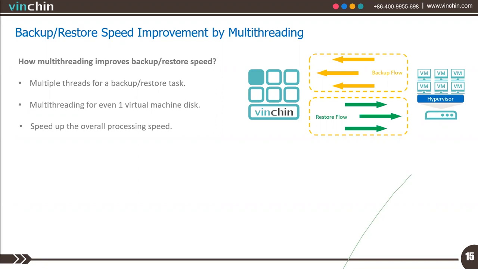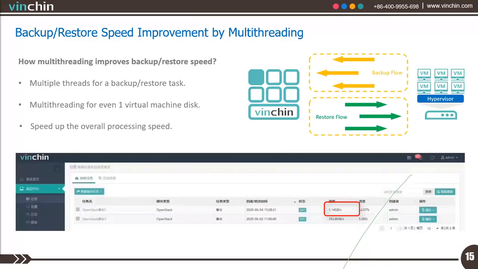Even when processing a single virtual machine disk, multi-threading transmission will still be applied. As with the other virtual machine backup products in the market now, only one thread will be used to process one virtual disk at the same time.